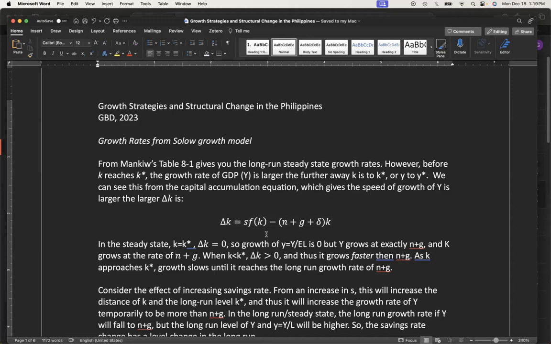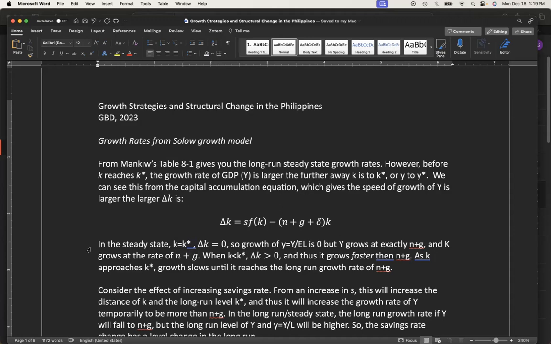The smaller the K is, the larger this thing will be, and the larger this thing is, the faster the growth rate, and it will slow down until it reaches delta small k equal to 0. That is when you reach the steady state, for which you can refer to table 8-1 for the long run steady state growth rates.